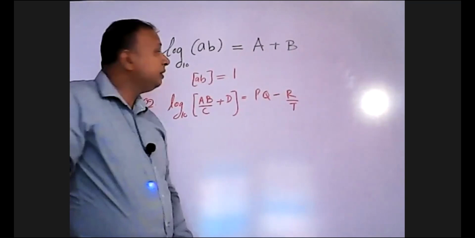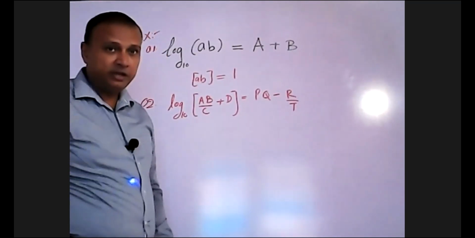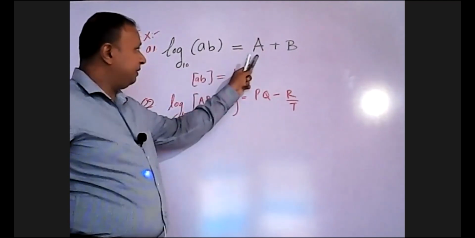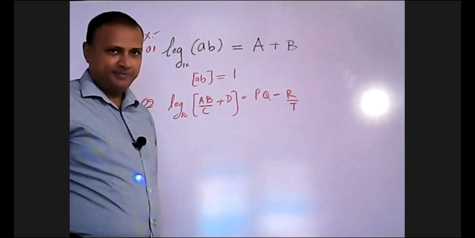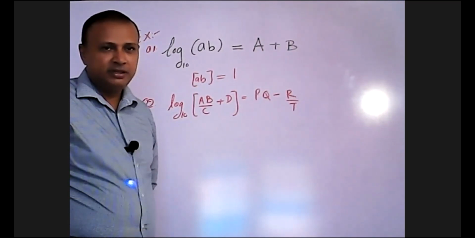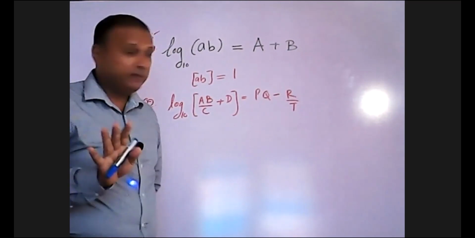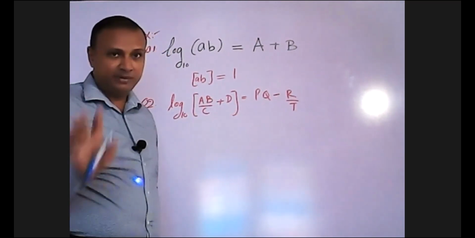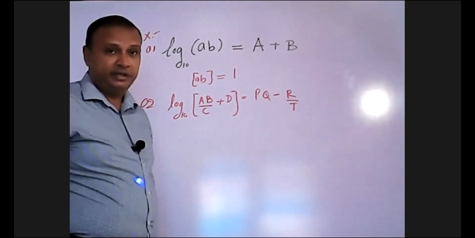If you are given the dimension of simple A, then definitely you can determine the dimension of simple B and capital A and capital B. Can anyone tell me how to do that? There are four physical quantities.